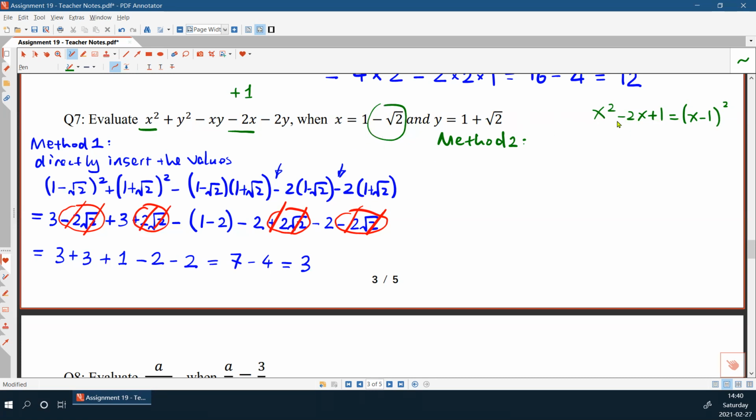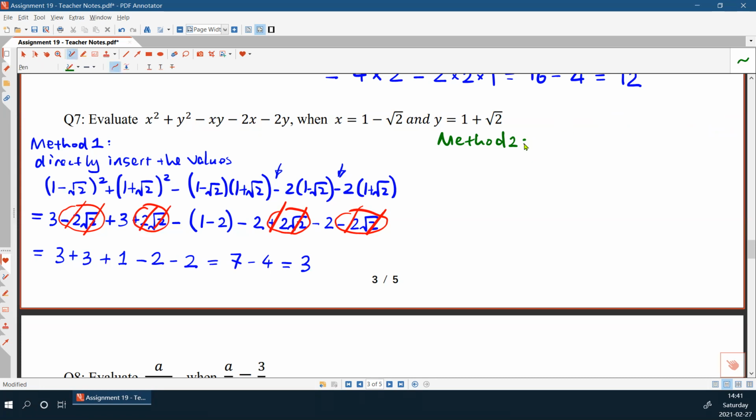So if we can convert the original expression like this one, then we can use the formulas there, right? Okay, so let's have a look if we can do this.